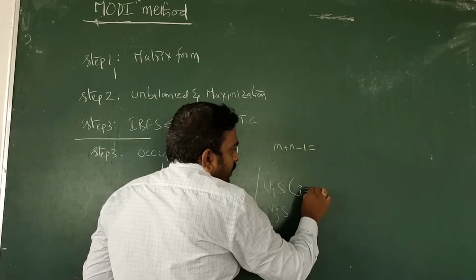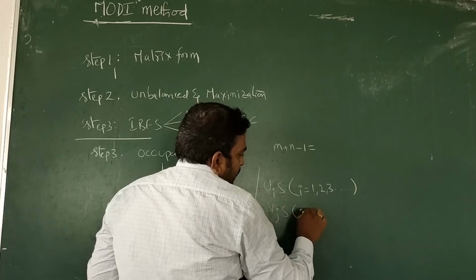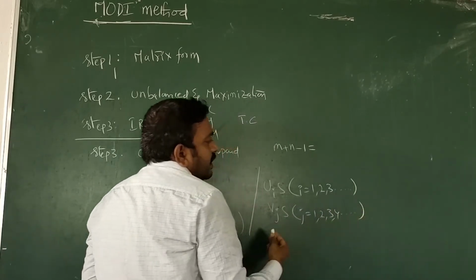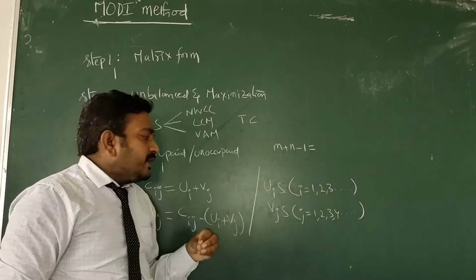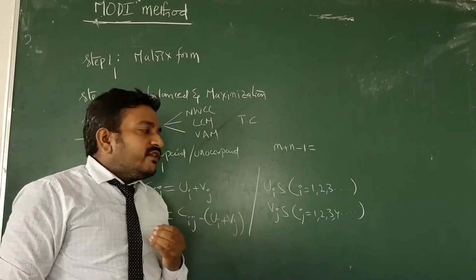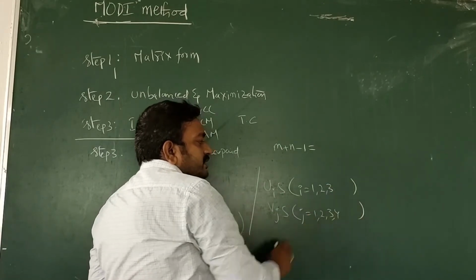Let me explain these Uis and Vjs. For all i equal to 1, 2, 3 and so on, and all j equal to 1, 2, 3, 4 and so on. Here i represents the total number of sources we have, and j represents the total number of destinations. For example, in the given problem, we have 3 sources and 4 destinations.